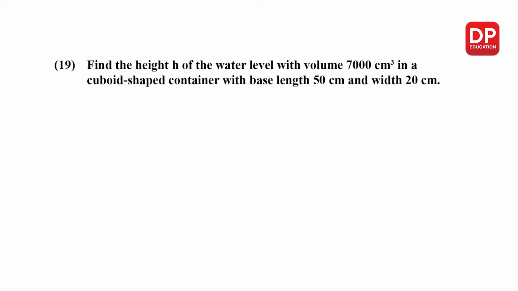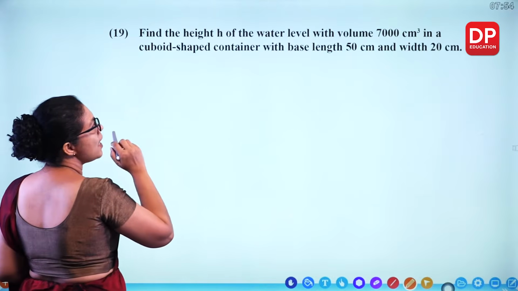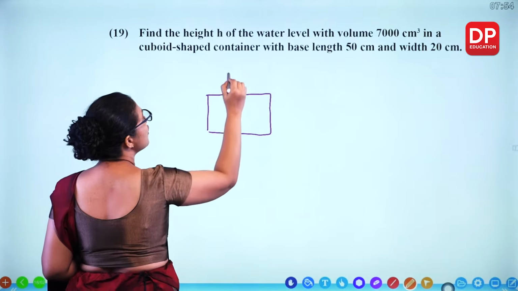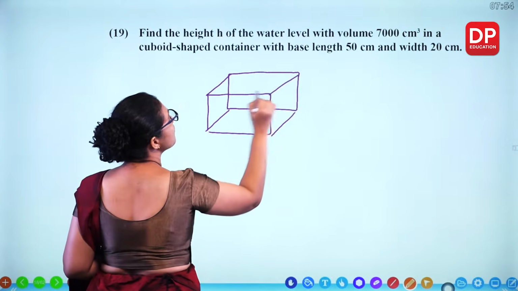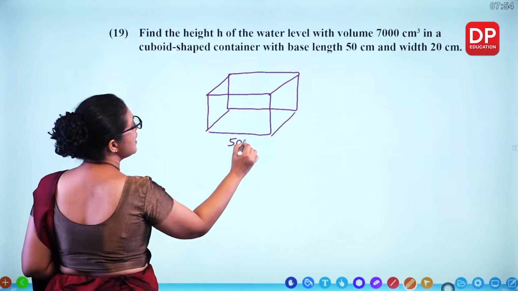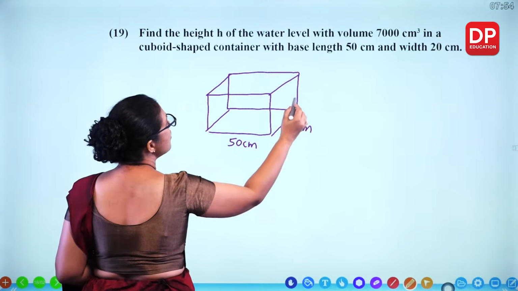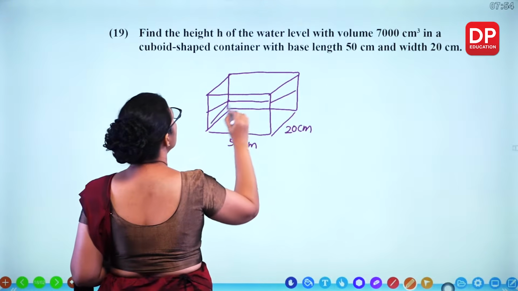Find the height h of water level with volume 7000 cubic centimeters in a cuboid shaped container with base length 50 and width 20. So when you draw the diagram, this is a cuboid, length 50, width 20.